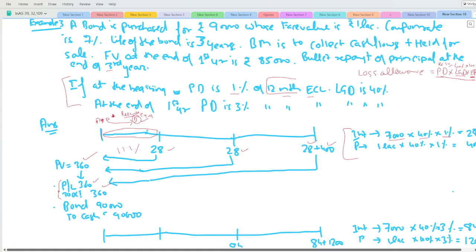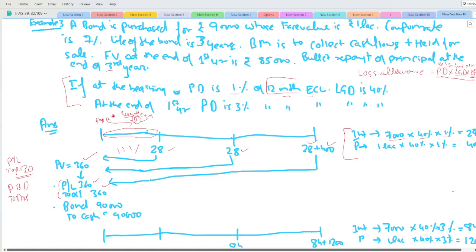If you see the interpretation of these entries, from the OCI you are transferring it to the loss allowance. Normally, from the debtor point of view, you pass the entry P&L to provision for bad debts, correct? And when this bad debt becomes actual, you pass provision for bad debts to debtor.